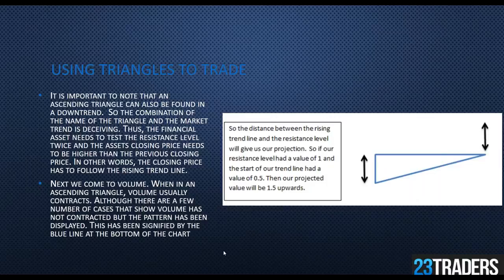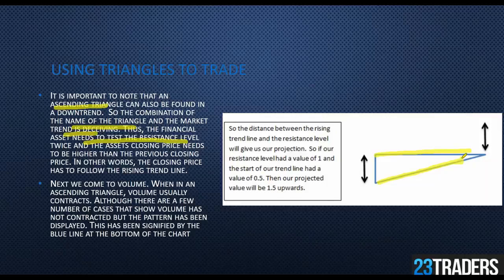So let's go through this again. Okay, in an ascending triangle, the trend is deceiving. The financial asset needs to test the resistance line.